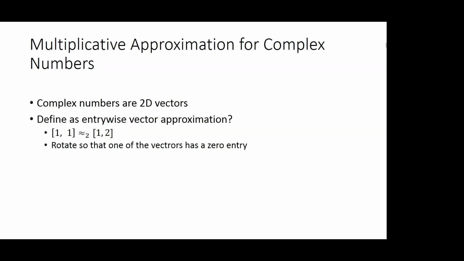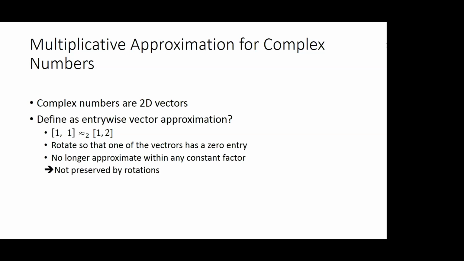But now suppose that we rotate them so that one of the vectors has a 0 entry. If we do that, then after the rotation, they're no longer going to approximate each other within any constant factor, since 0 doesn't approximate anything within a constant factor except 0. So what this means is that doing a rotation actually changed whether or not these things approximate each other at all within any constant factor.